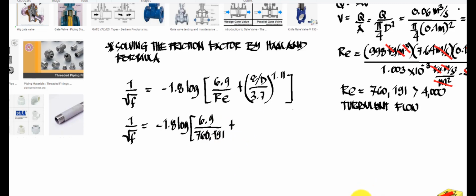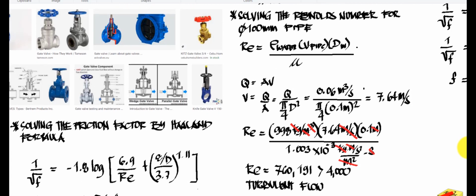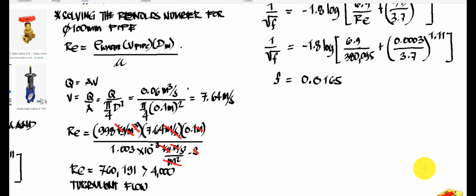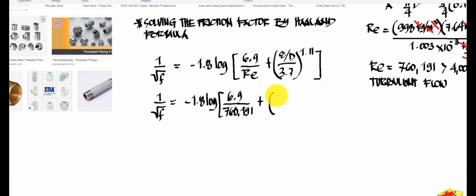Checking our previous solution, the relative roughness, since we have the same pipe, is 0.003, so this will become 0.0003 divided by 3.7, raised to 1.11.